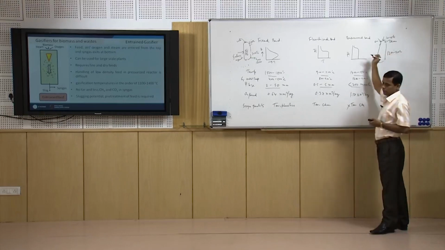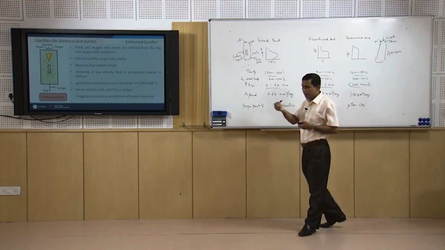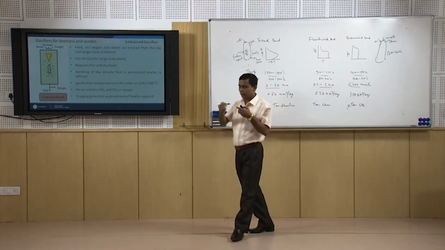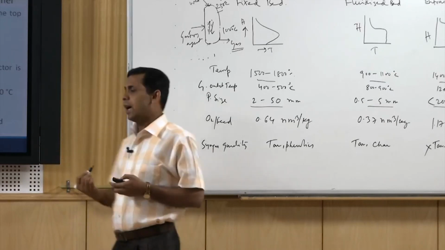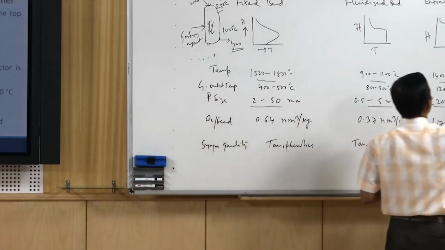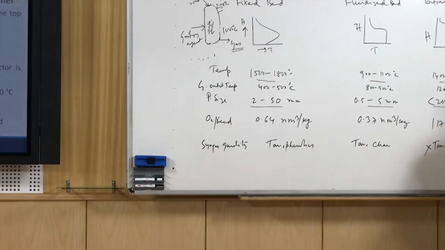So, that high temperature, high contact time, and smaller particle size all help to get more conversion and to produce good quality syngas.